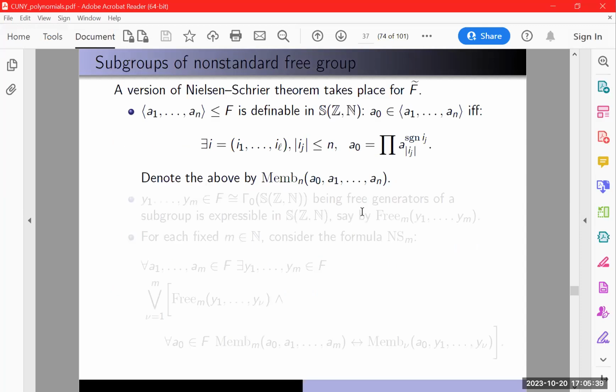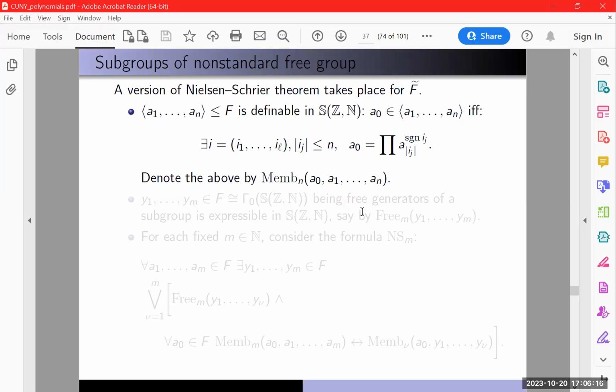Okay, so now I have like 1.5 points to make here. First, I'll make this half point, and I'm saying half because it's the same idea that I've been repeating several times already. So, for example, let's take this statement that in the usual finitely generated free groups, every finitely generated subgroup is free.